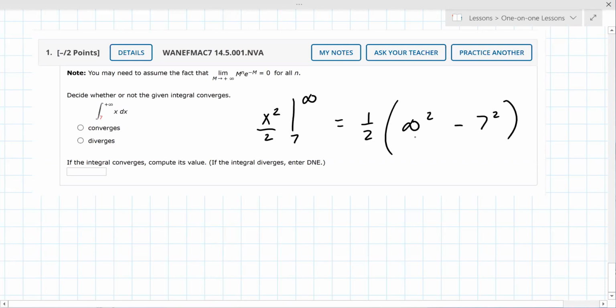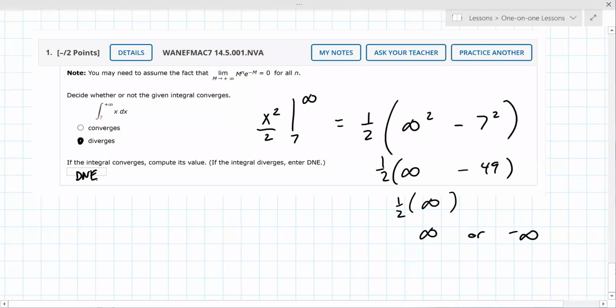This infinity squared is yet another infinity. 7 squared is 49. Infinity minus 49 is infinity. 1/2 of infinity is infinity. If you get an answer like infinity or negative infinity, it diverges. So this one diverges, and you type D and E into the field there.